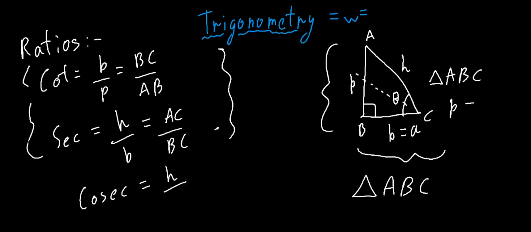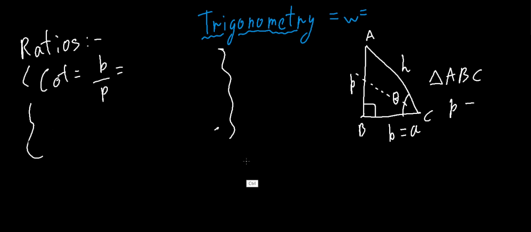In cosec, we have hypotenuse by perpendicular. We can see that the hypotenuse is on top and the perpendicular is in the denominator, so it's quite obvious now that the hypotenuse will be AC in triangle ABC and the perpendicular will be AB. Those are the important and one of the simplest basics of trigonometry that you must know before going in depth.